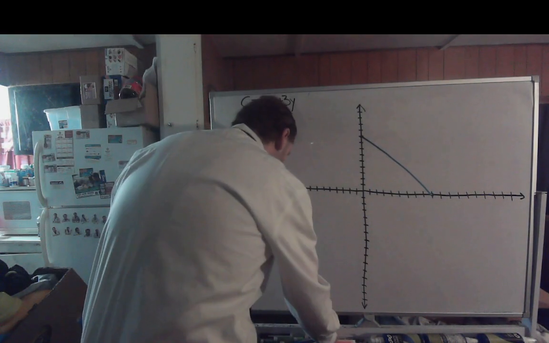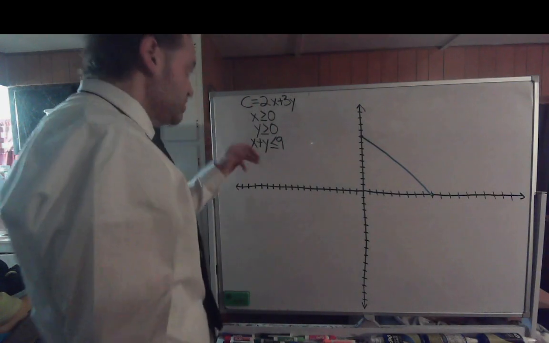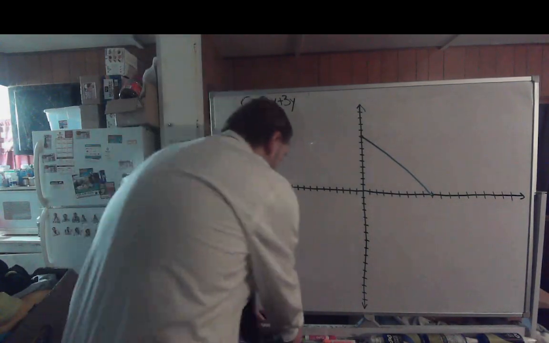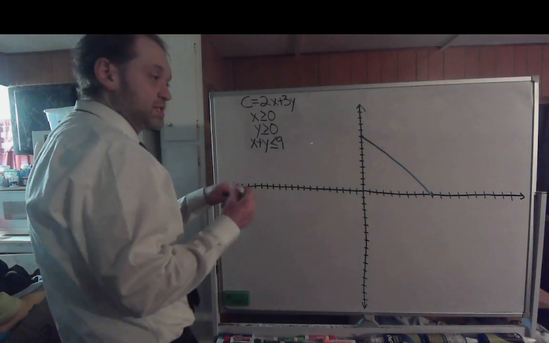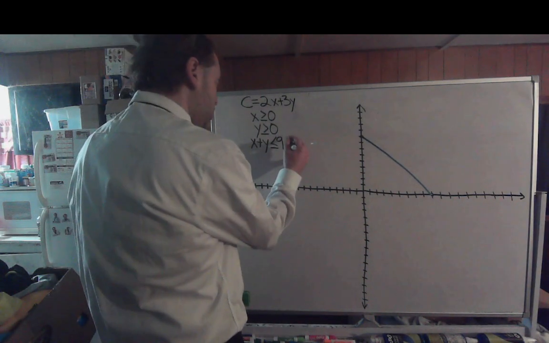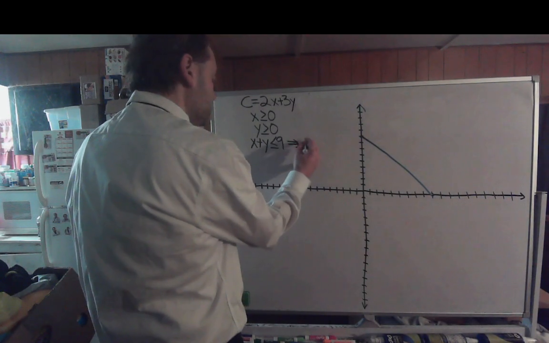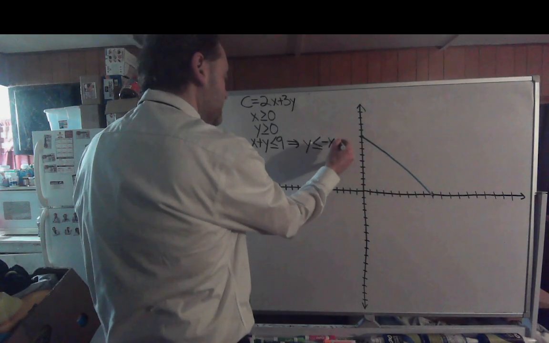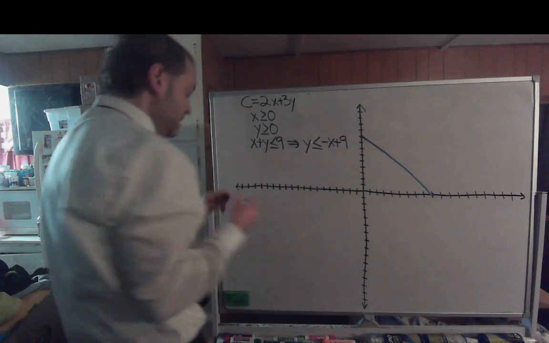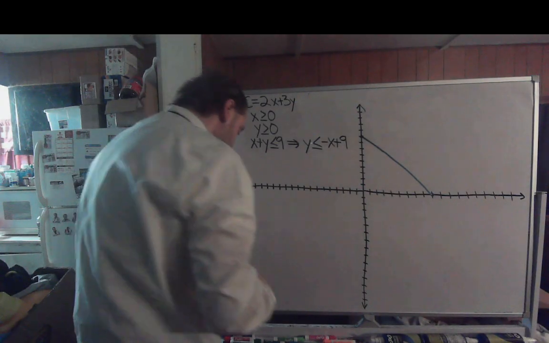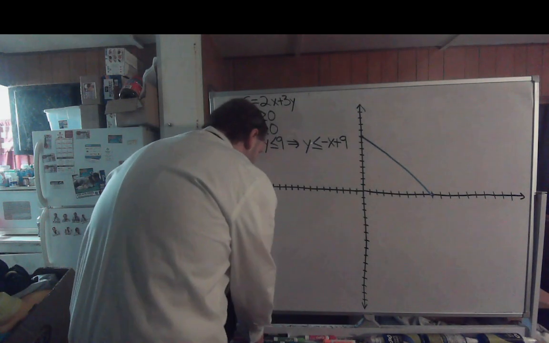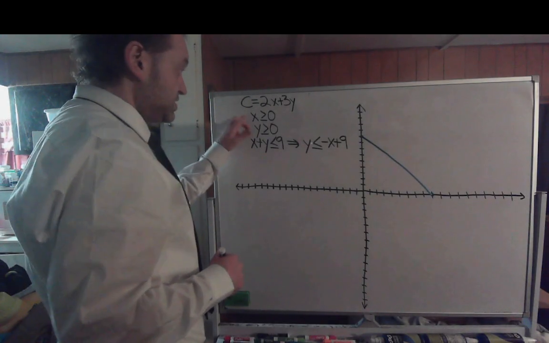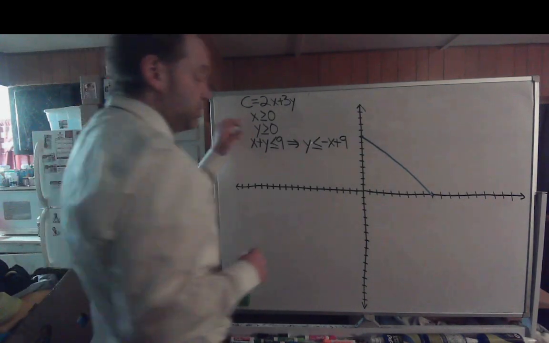Now, of course, what you're going to want to do is shade the region that meets all these criteria. So go ahead and convert this third inequality into slope-intercept form, which would give you y is less than or equal to negative x plus 9. Now, we need to shade the region that meets all the criteria. X is greater than or equal to 0.